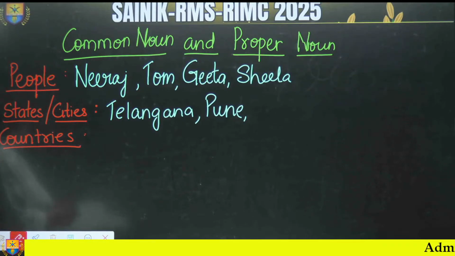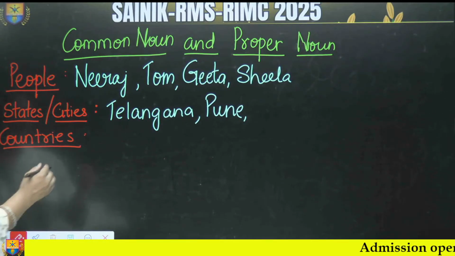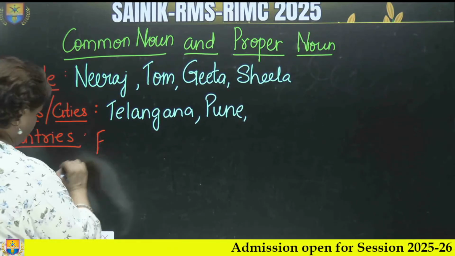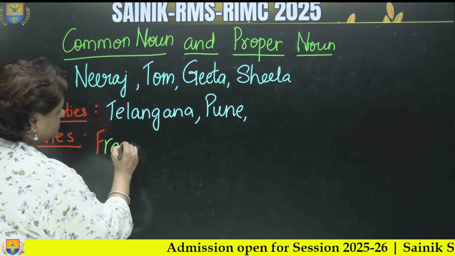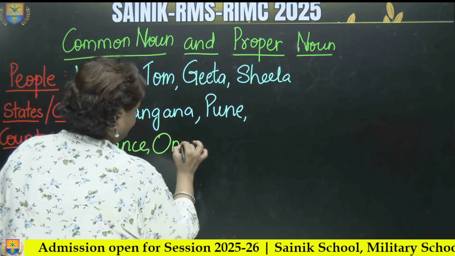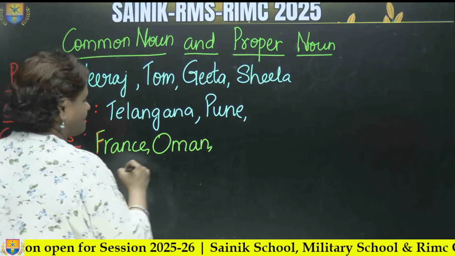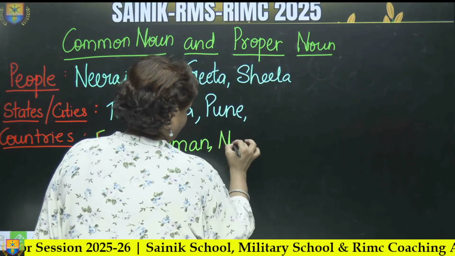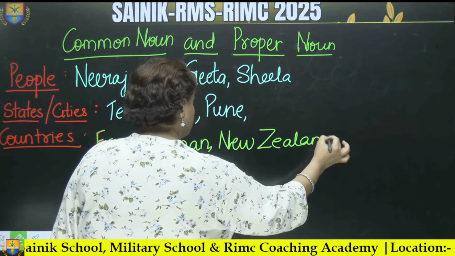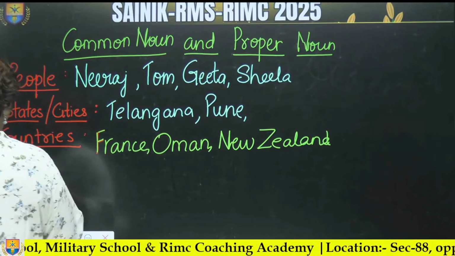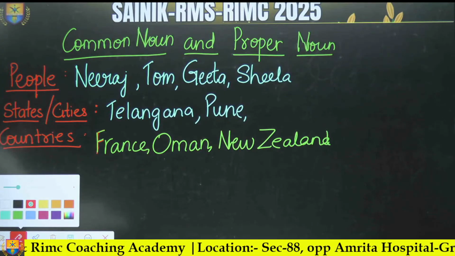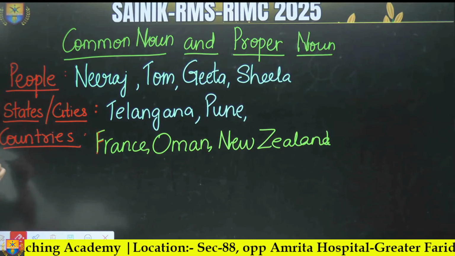So let's go for the names of countries. Any countries it can be. France, Oman, New Zealand. So these are a few countries' names. The next category is the famous buildings.